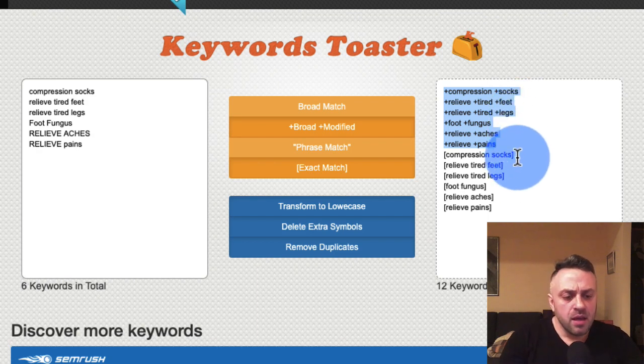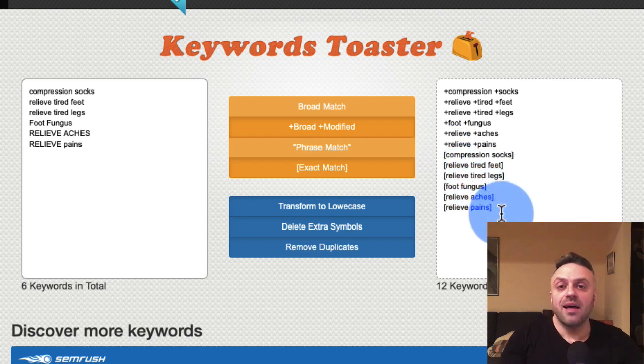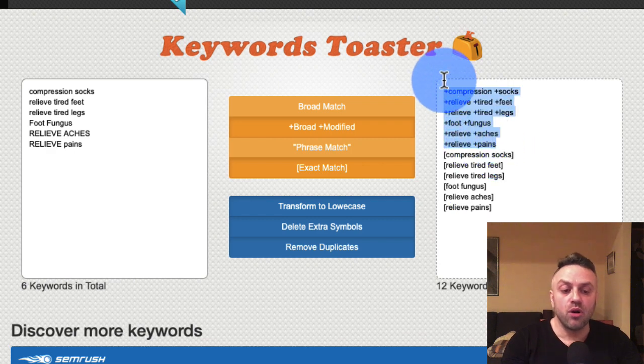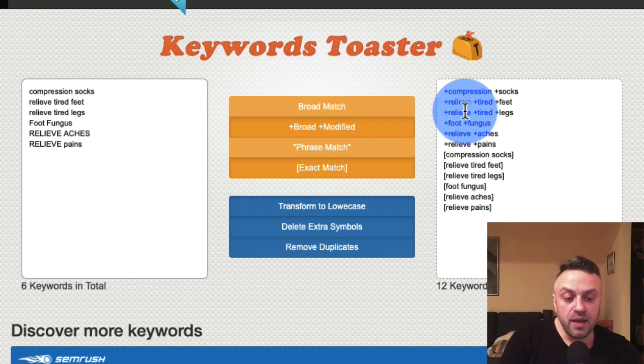The volume is going to be a lot lower for these exact matches, because not as many people are searching for this as compared to the broad modified. So I'm telling Bing or Microsoft that if both words, compression socks, appear there, even in a sentence, I want my ad to show up. And so I have some flexibility, right?